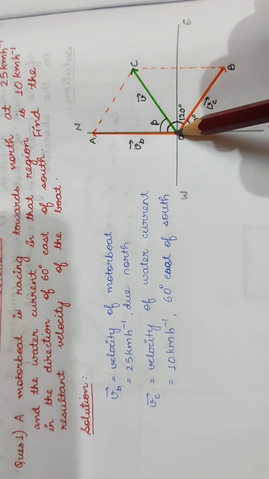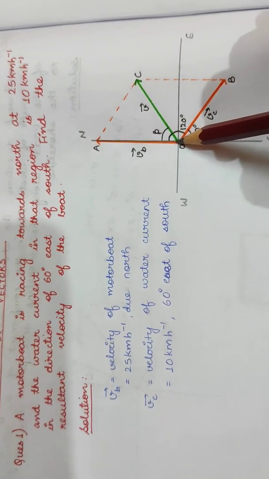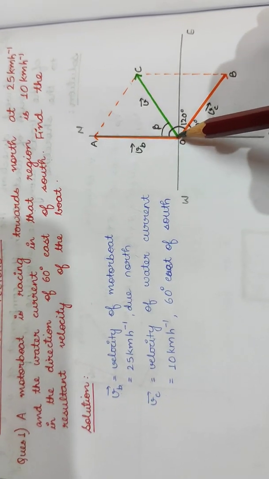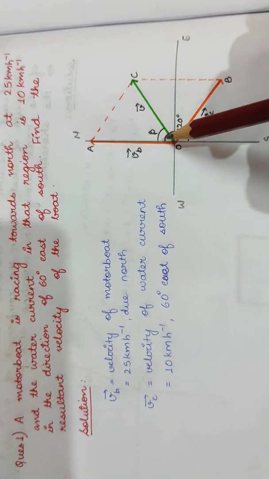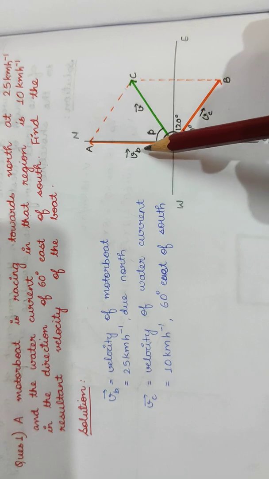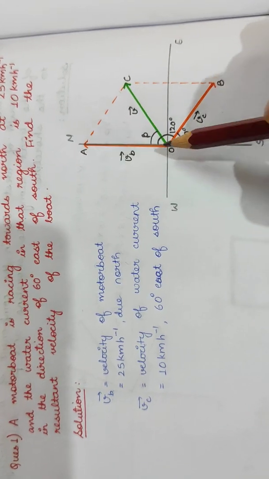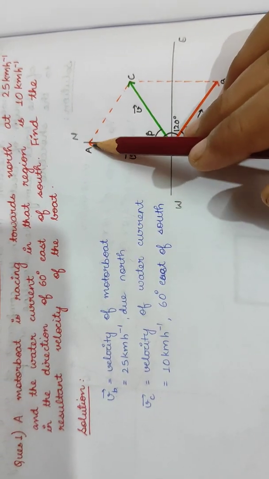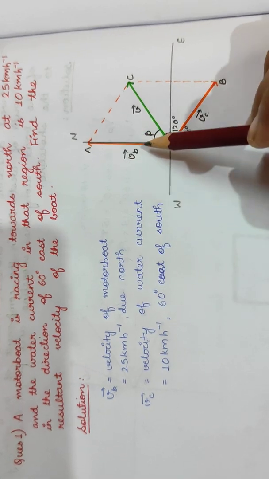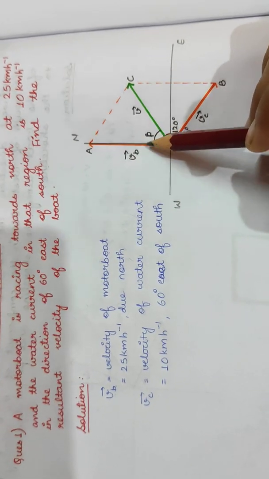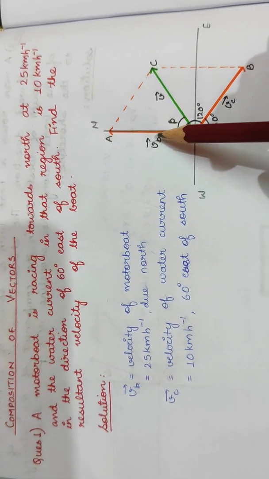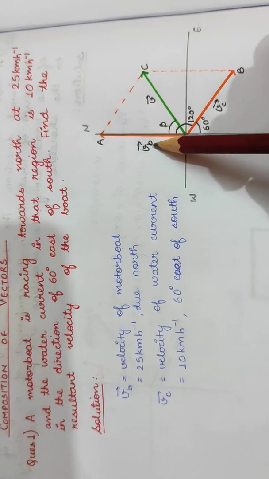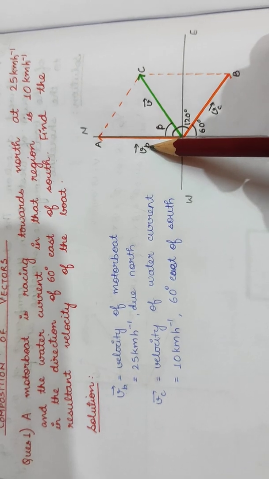Let us assume that the motorboat starts from this point O. It is moving towards the north, so we will draw this vector VB towards the north. Let us assume that OA represents the vector VB. This represents the velocity of motorboat, which is towards north, and it is written as vector VB.